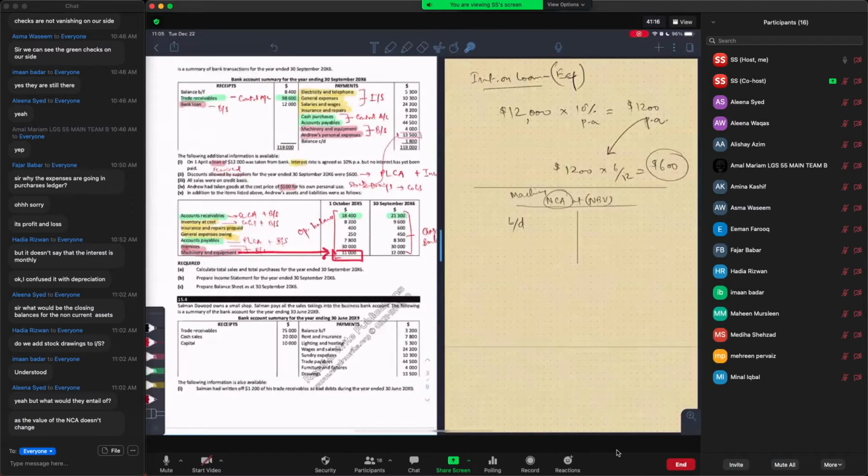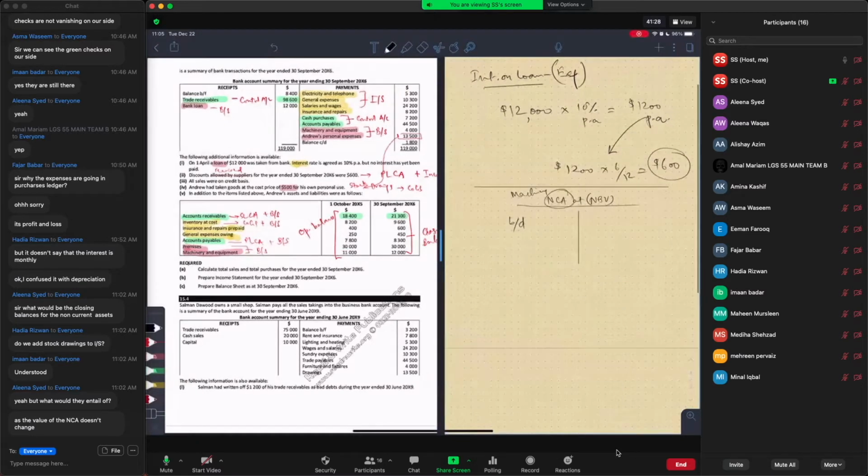I think my screen share is sluggish. So $11,000 opening balance. We take this value here on the debit side. On the debit side, we have additions, if any, and on the credit side, we have disposals. Additions at net book value and disposals at net book value.